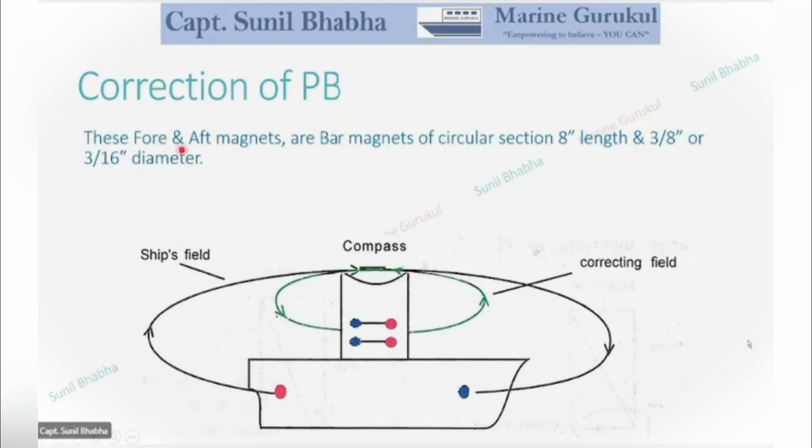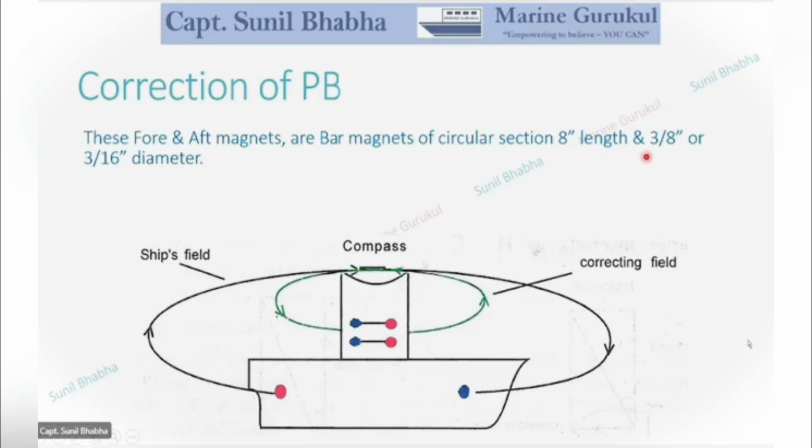These magnets which we use, the fore and aft magnets, are bar magnets of circular cross section. They are 8 inches long and they come in two thicknesses, either 3/8 inch or 3/16 inch diameter.